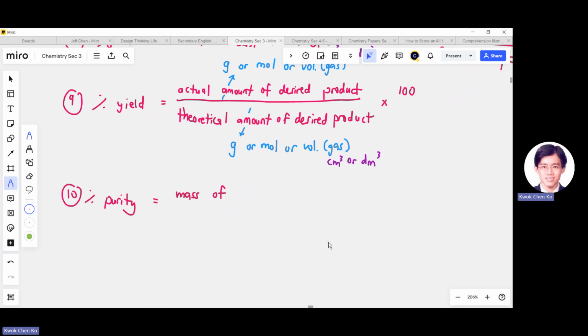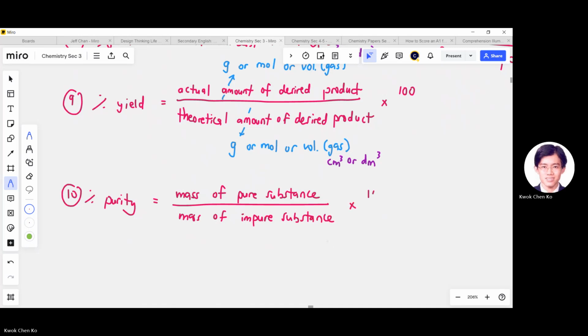Mass of pure substance over mass of impure sample. Since it's a percentage, make sure to multiply by 100. Now the same principles apply. Obviously, if you use grams above, make sure you use grams below.